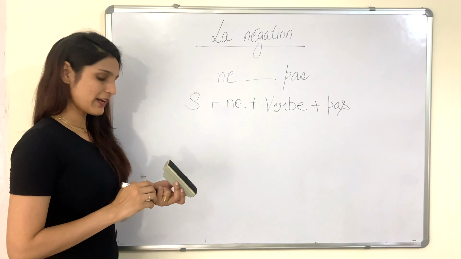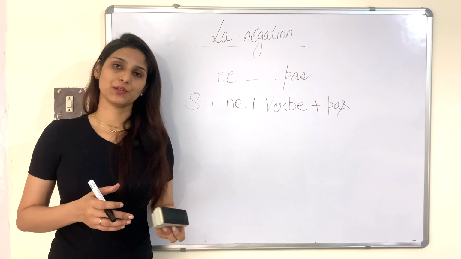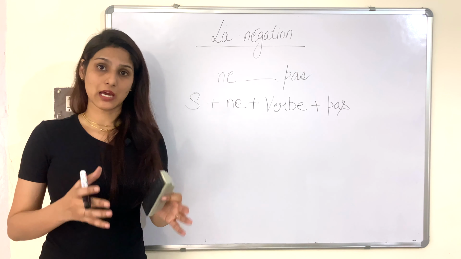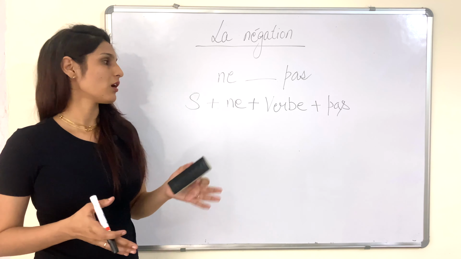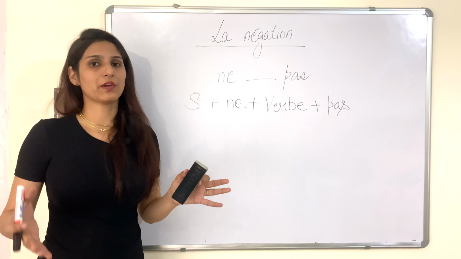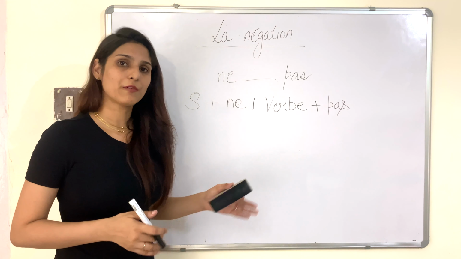Now in French language, first of all, remember that even after your certain noun, a proper noun, or after your common noun, or you could say subject, both are subject in cases, so there is always a verb.